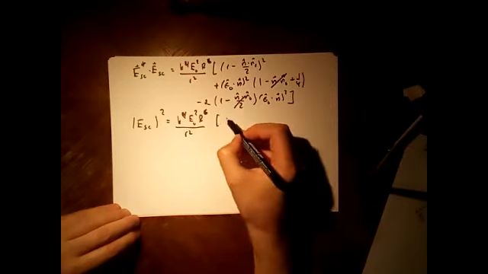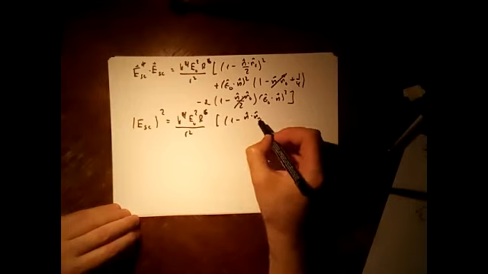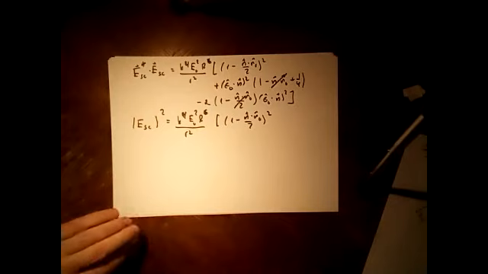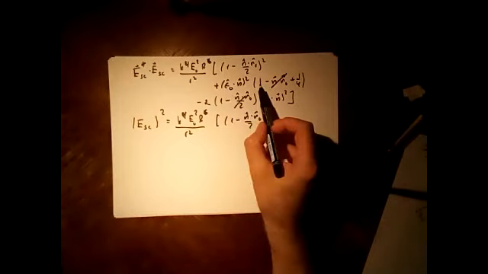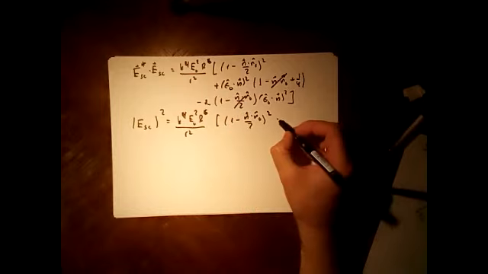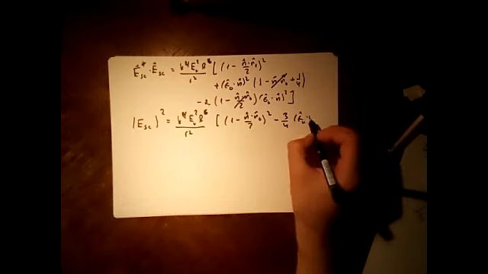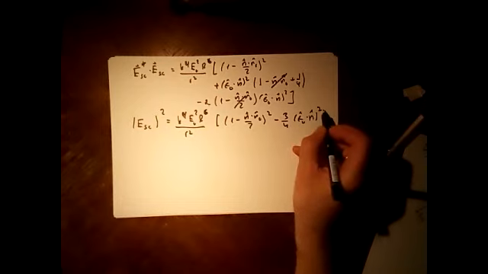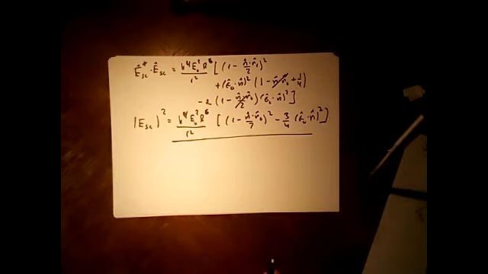Okay, anyway, so I'm going to have here ((1 minus n dot n0)/2) squared. And here I have what? The 1 plus 1/4, that's 5/4 times this, but minus 2. So I'm going to have a minus 3/4 epsilon 0 dot n squared. Okay, so that's my final result.